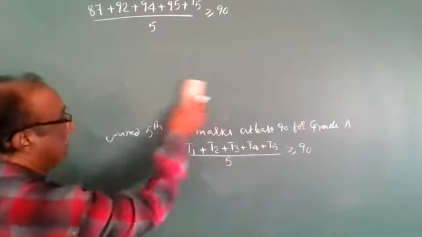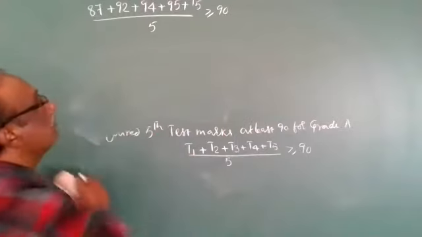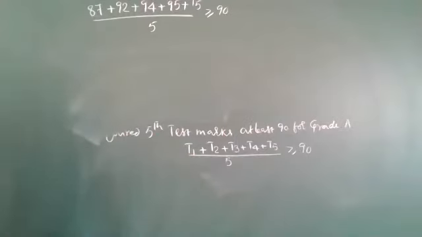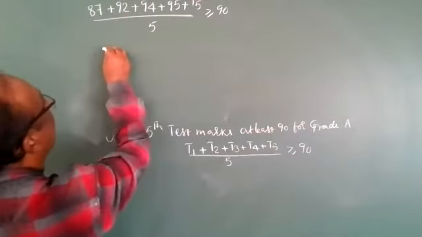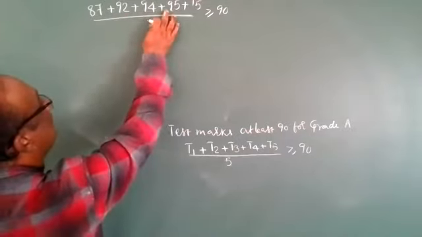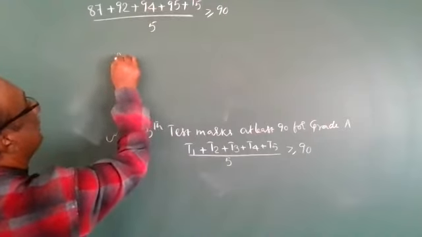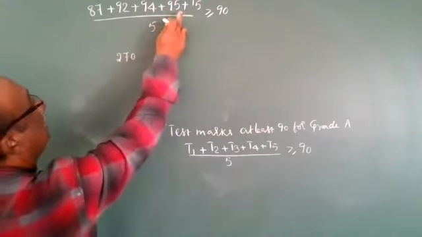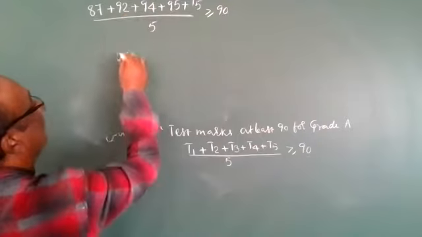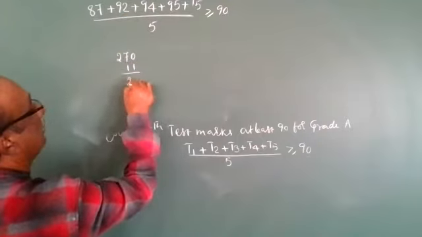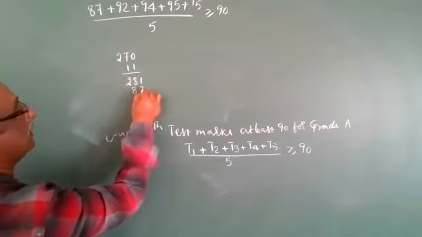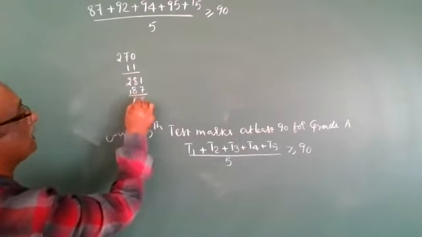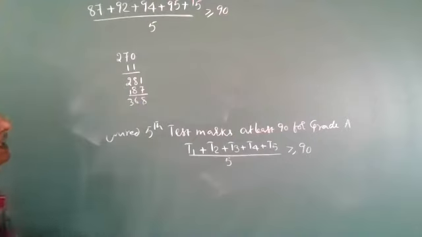Now simplify. So 87 plus 92 is 179, plus 94 is 273, plus 95 is 368.